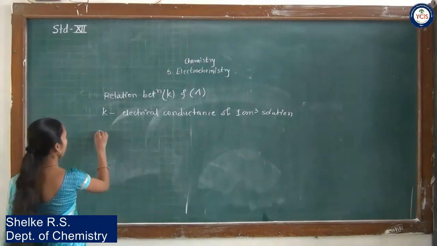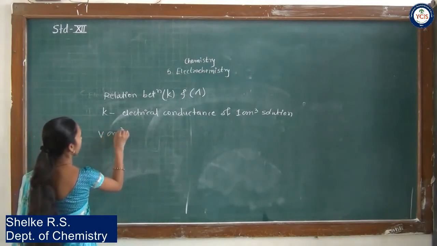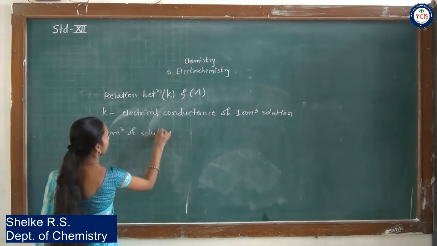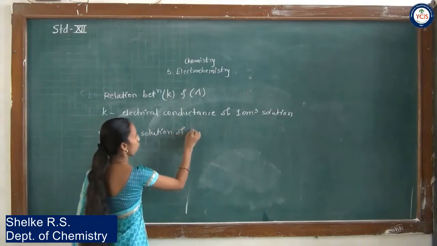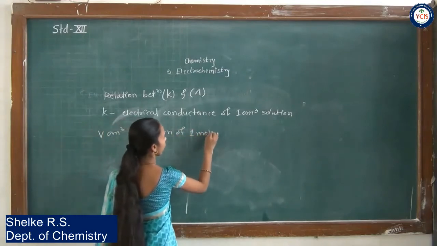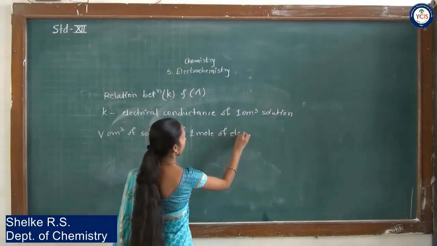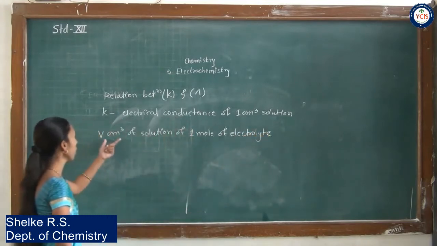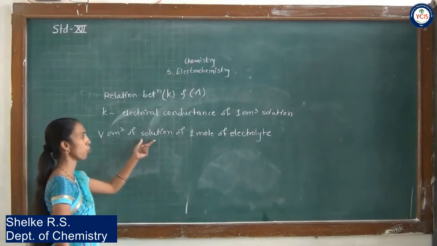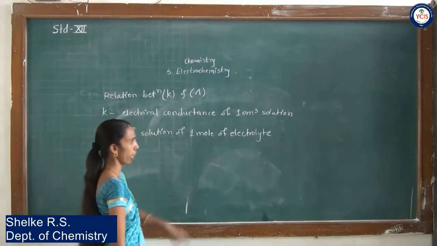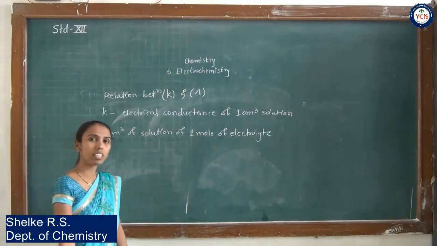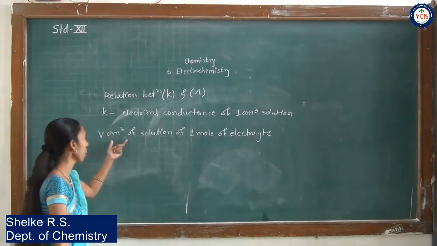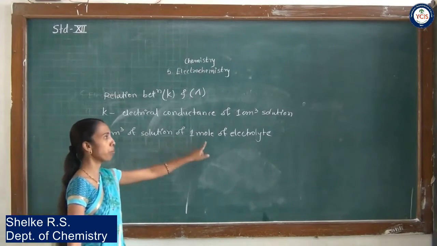Now suppose you have taken V cm cube of solution of 1 mole of electrolyte. That time its electrical conductance is nothing but the molar conductivity. बघा, V cm cube of solution of 1 mole of electrolyte.